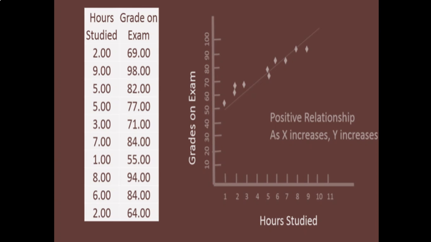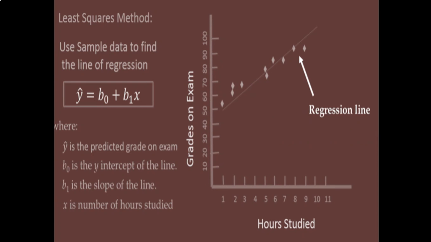These points are the observations, and we will make a line which is closest to these observations. So this line is called the regression line.